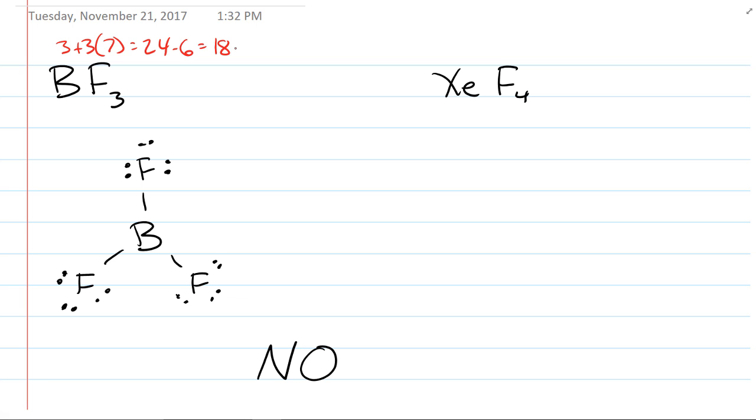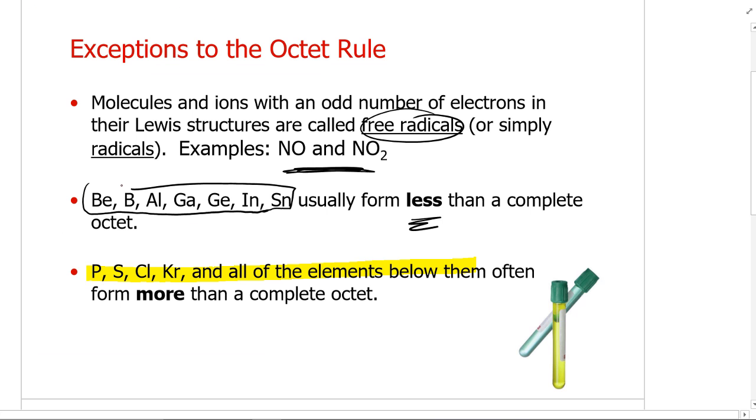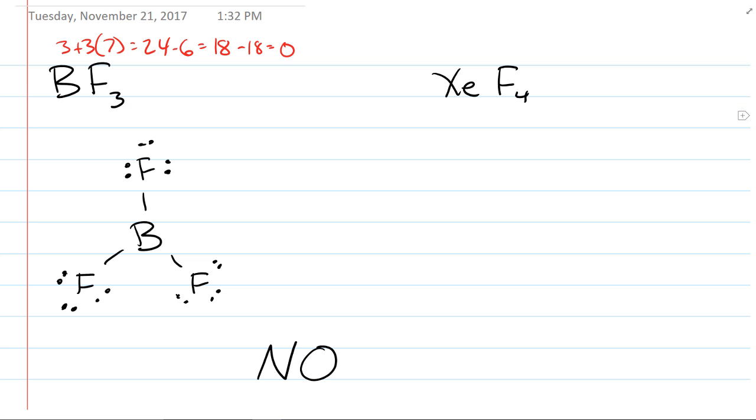At this point, we've used up all the valence electrons. And then what about boron? Yeah, we're good. Boron can have less than a stable octet. It's one of those elements here that can have less than a stable octet. And so we would leave it as is for this compound.